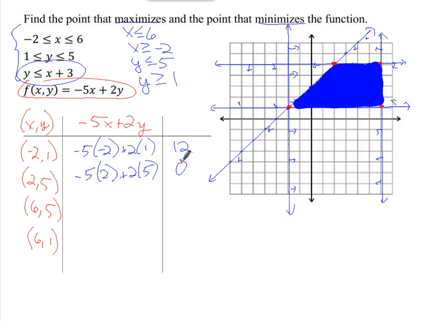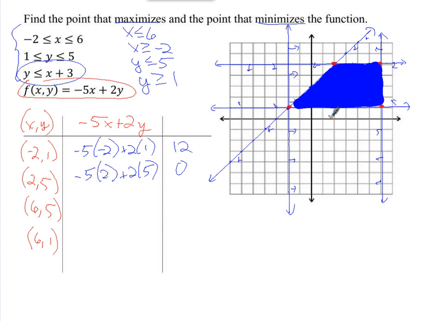So I'm going to stop here, actually, and I want to point something out to you. If we were to guess, just by looking at this feasible region right here, which ordered pair gives us the maximum value, which ordered pair would you think? Just by looking at the picture, a lot of people would say probably that one right there. And the minimum value probably would seem like it's going to be that one right there.